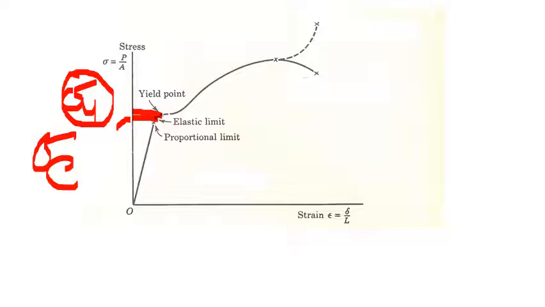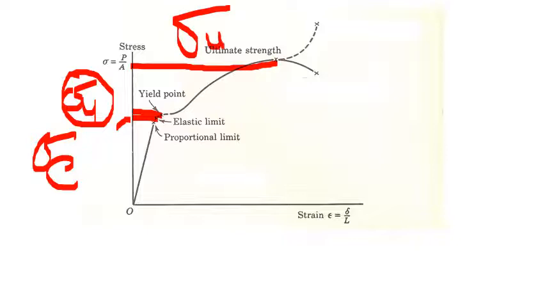Once this yield point crosses, there will be an increase in the length, till the load applied on the material reaches the maximum. That point we are going to call sigma U, or the ultimate. That's the maximum load a material can withstand.